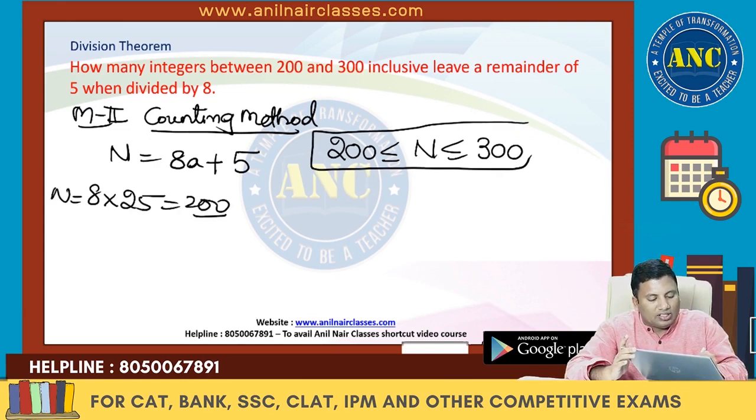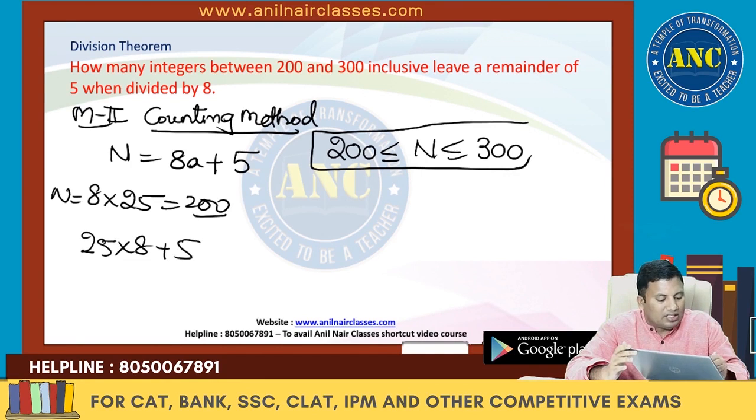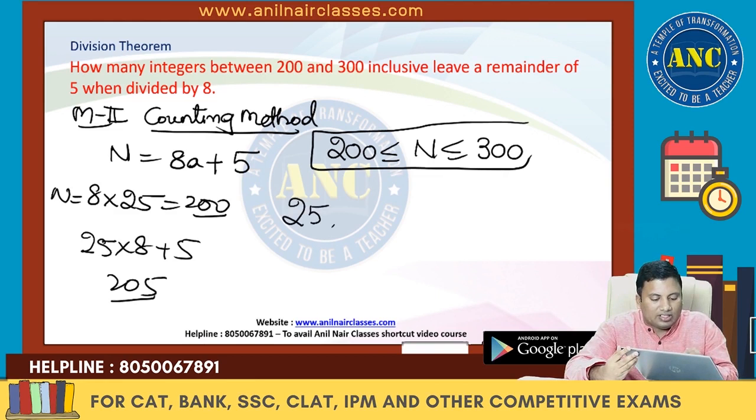But the question is 8 into something plus 5. So 8 into 25 plus 5, which is the first value, 205. Are you with me? So from 25 onwards it will start.